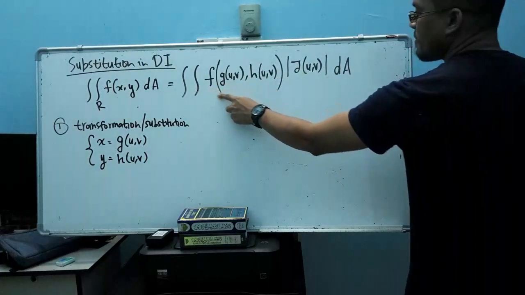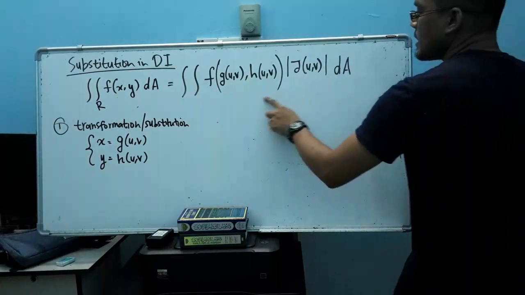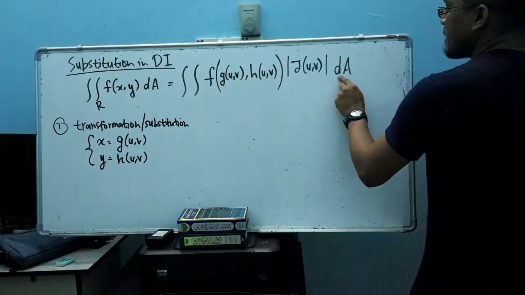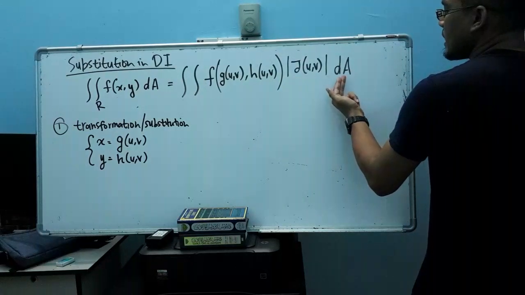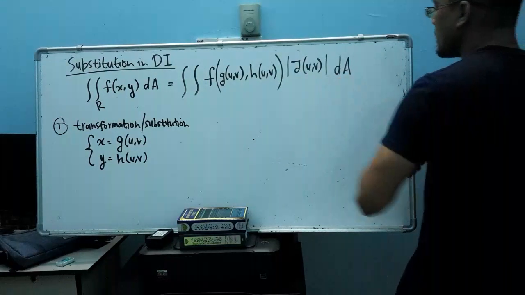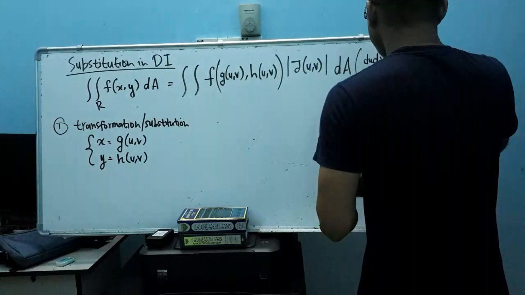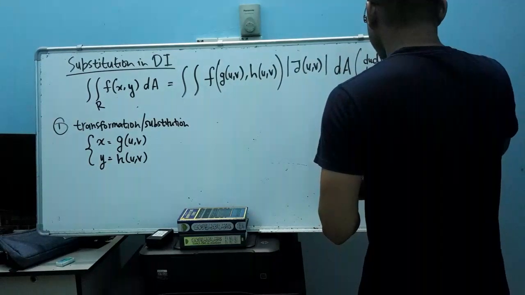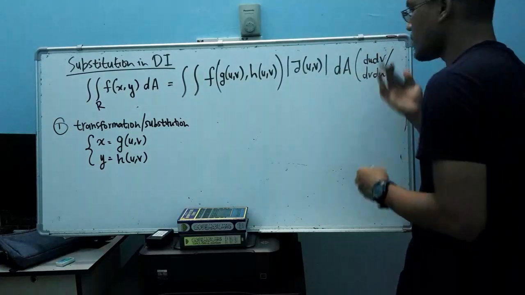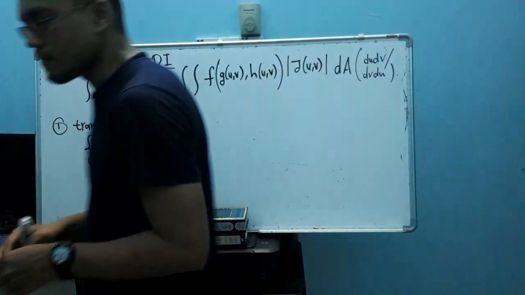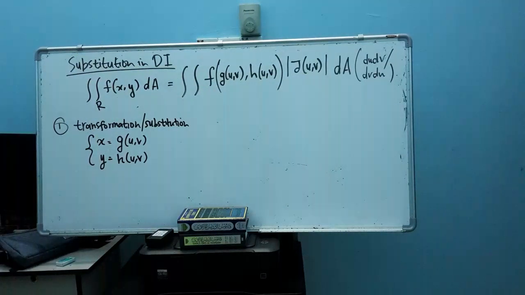So my dA will be either du dv or dv du, because you can choose which order, either the first order or the second order.